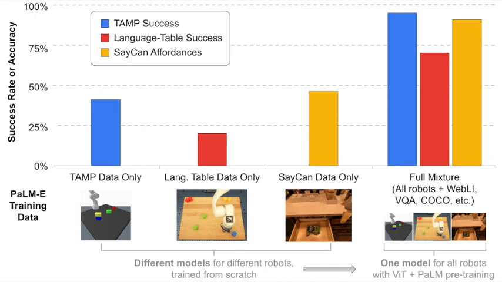In comparison to training individual models on individual tasks, the results demonstrate that PaLM-E can address a large number of robot, vision and language problems simultaneously without performance deterioration.